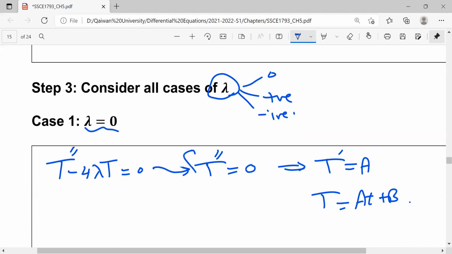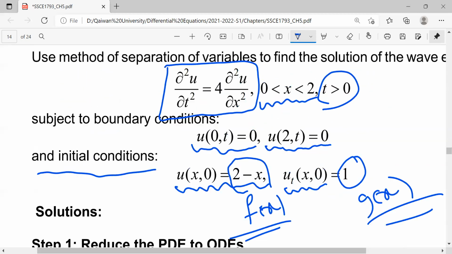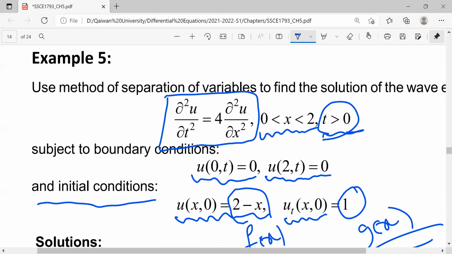Here we take two integrations for T double prime equals 0. After taking two integrations, we get A times t, this is dt. Okay, we get that capital T equals A times little t plus B. So here, as I said before, t is greater than 0, so it could go to infinity.